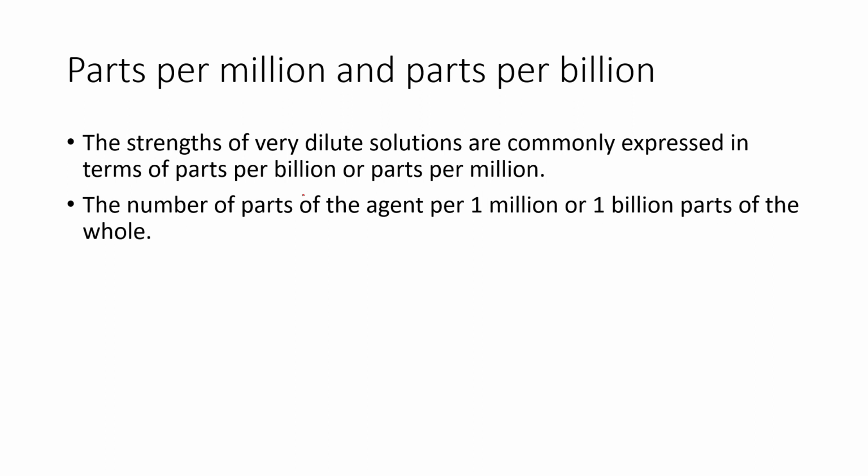The number of parts of the agent per 1 million or 1 billion parts of the whole. So pag sinabi natin 1 part per million, it means that there is 1 over 1 million. Pag sinabi natin 1 part per billion, it means there is 1 over 1 billion.